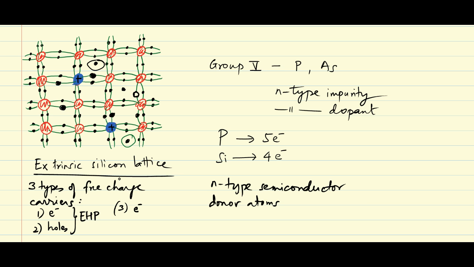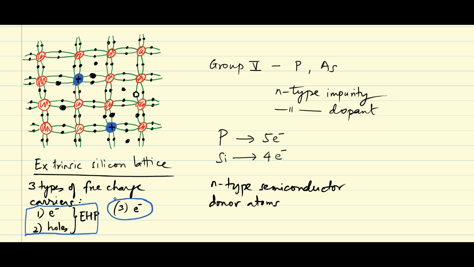So these are free electrons, they don't have any corresponding holes, and that's the third type of free charge carriers. Now usually it is seen that these electrons released by the phosphorus atoms greatly outnumber the electron hole pairs which are generated by thermal processes.